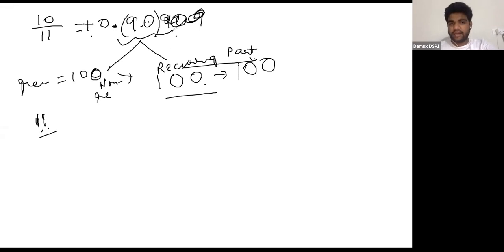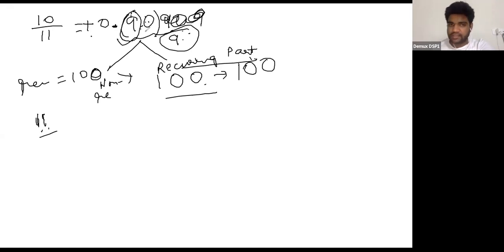When you get a number which you have already gotten before, then it starts recurring, right? So when you divide it, when you get a remainder which has occurred in the past, then you know that after that the process will remain the same.